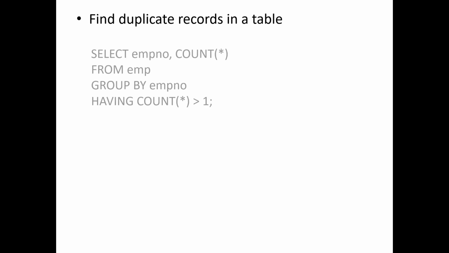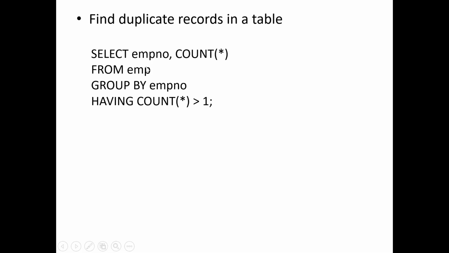First one is find duplicate records in a table. So here we are using GROUP BY employee number, then the HAVING clause.